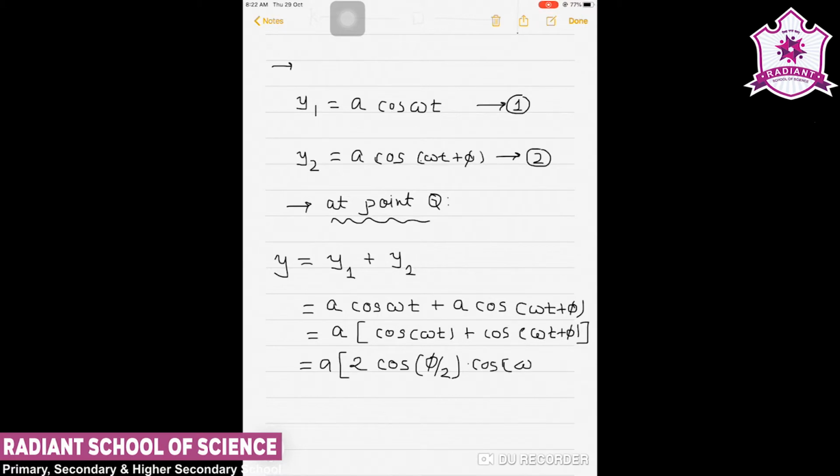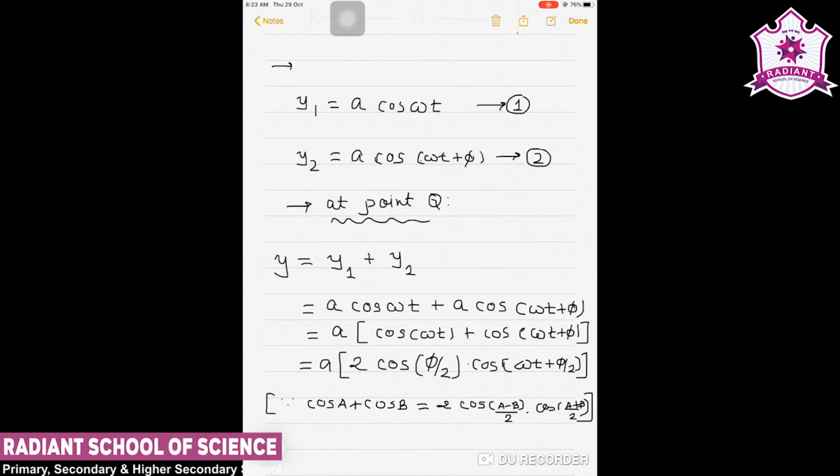This can be compared with the equation cos A plus cos B, which is given by 2 cos((A minus B) by 2) into cos((A plus B) by 2).